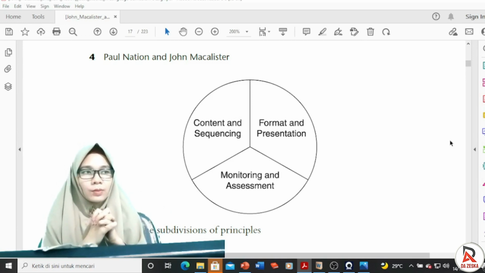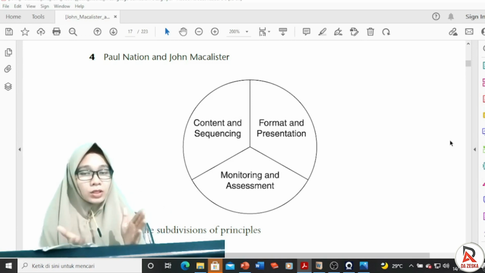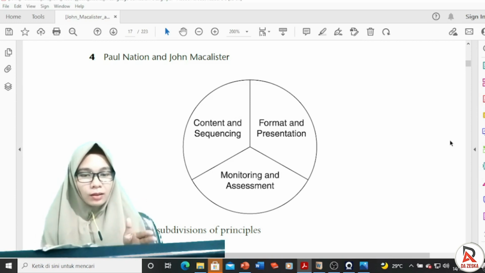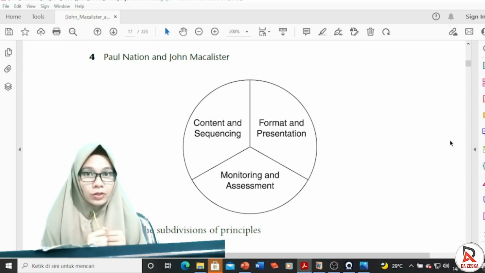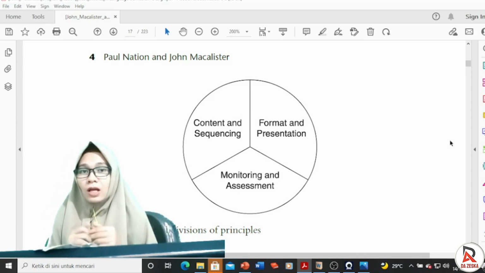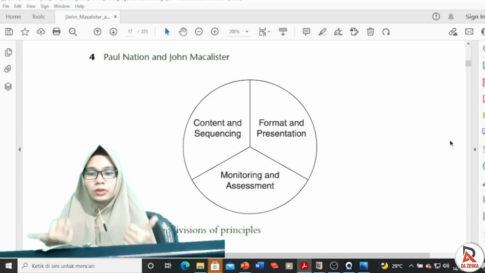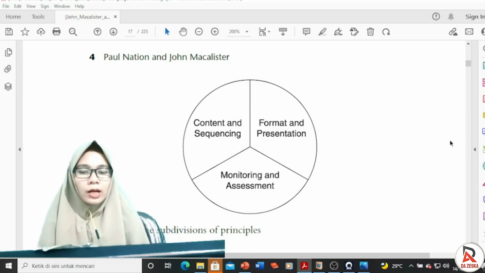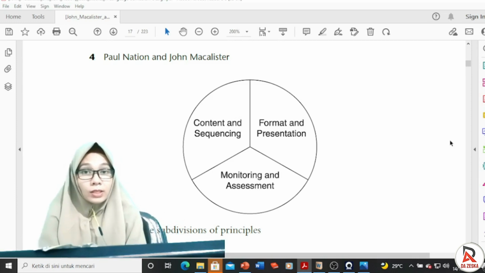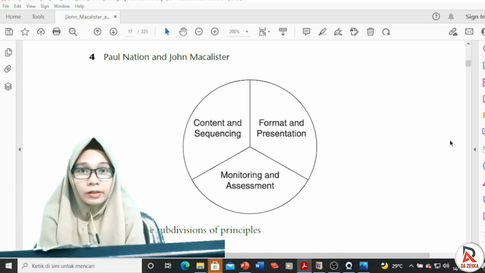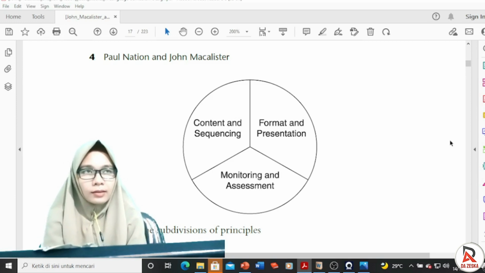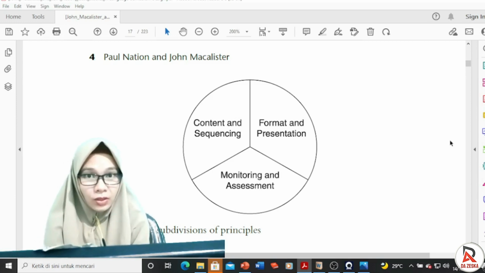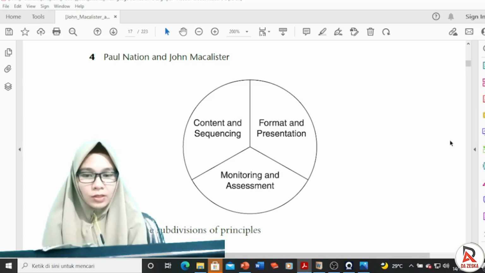You need to learn about language teaching methodology, and how to assess or test your students. You also need to have good knowledge, theories and research.